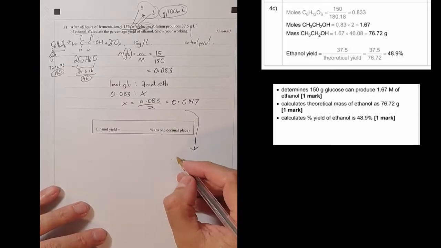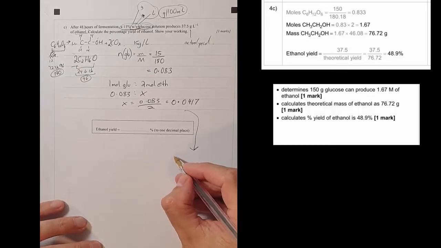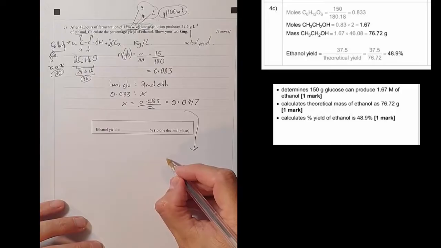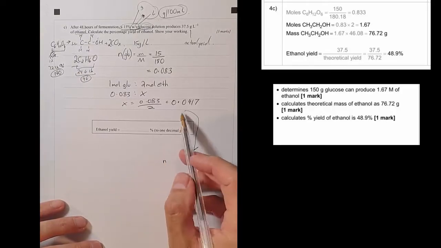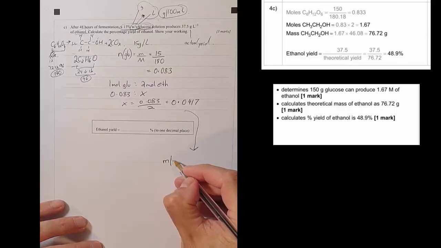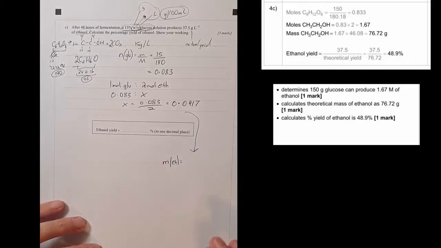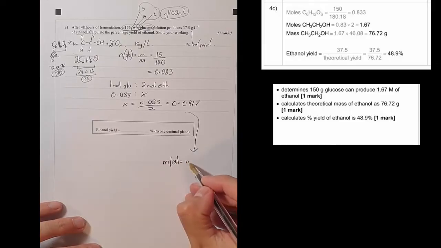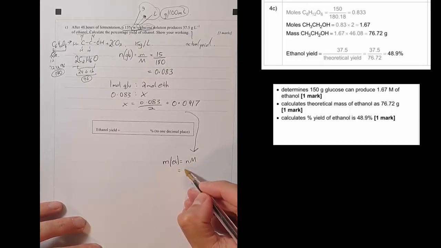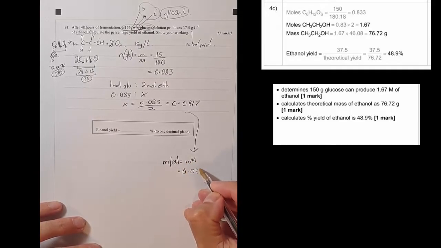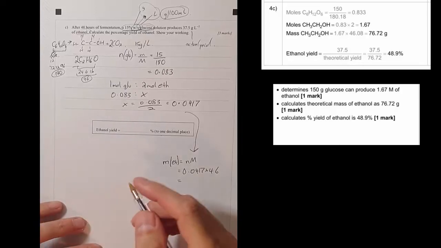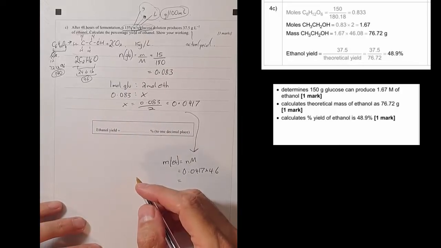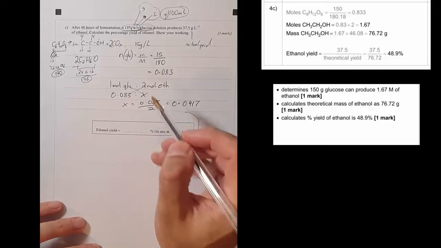Let's go down here. There's clearly a lot of calculations that should be written out, but here we go. So what are we looking for? Yield. So I need the mass. The mass of the ethanol equals the number of moles times the molar mass. That should have been times.